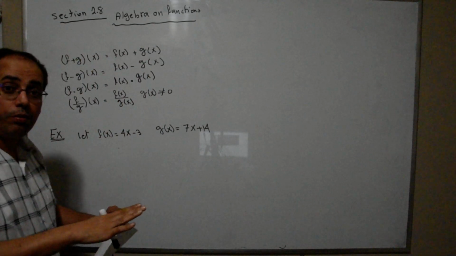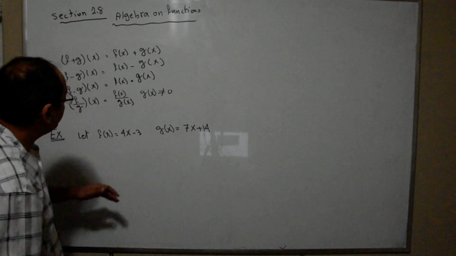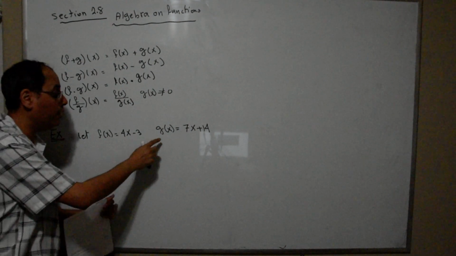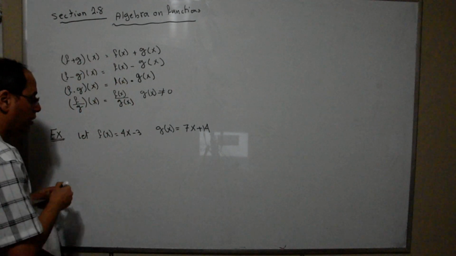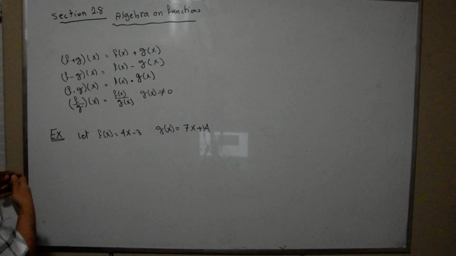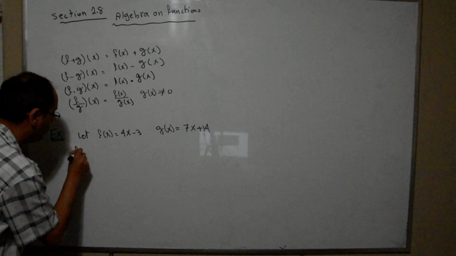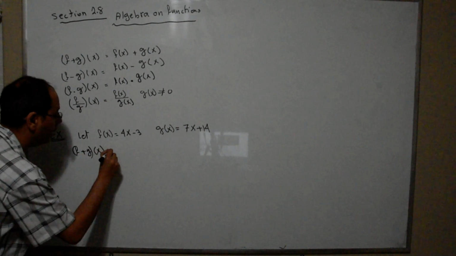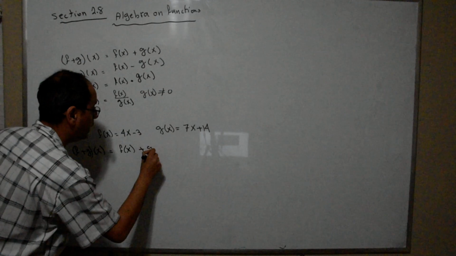Alright, let's get an example and do these four operations on that example. So I'm given that f of x is 4x minus 3, g of x is 7x plus 14. So I'm going to do the first operation, which is f plus g of x. So f plus g of x is again f of x plus g of x.